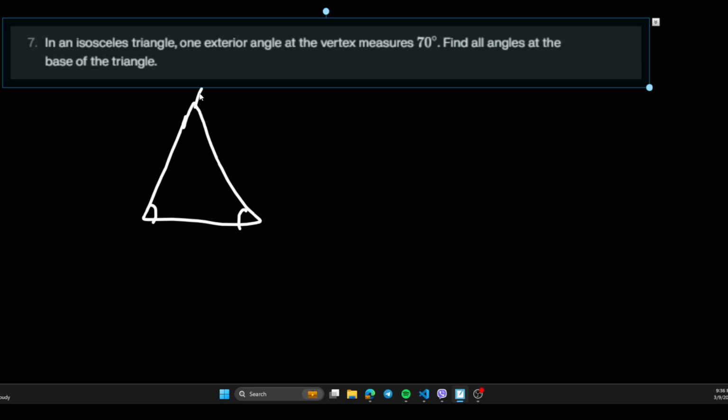And here is 70 degrees, which means this one is going to be 110, and the sum of these two is going to be 70, which means one of these angles will be 35. 35 and 35.